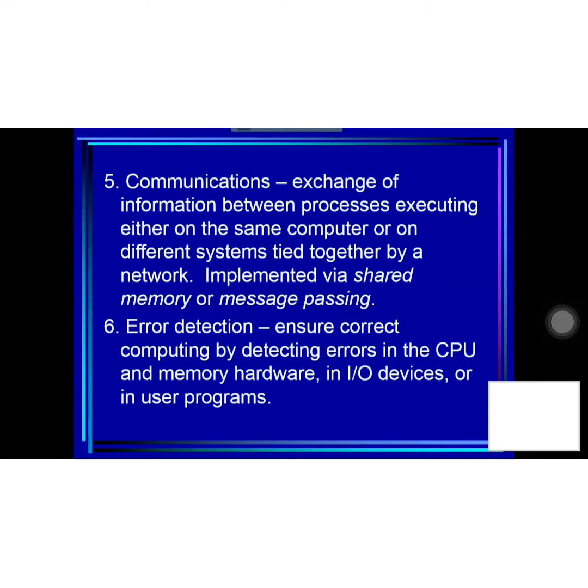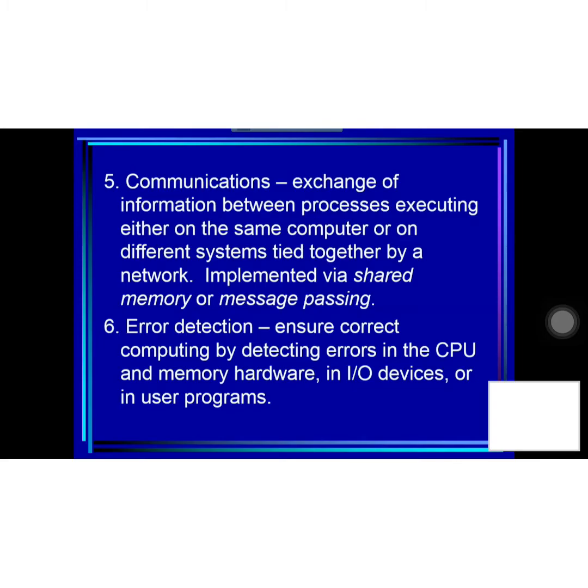The operating system needs to be detecting and correcting errors constantly. Errors may occur in the CPU and the memory hardware, in I/O devices, and in the user program. For each type of error, the operating system should take the appropriate action to ensure correct and consistent computing.